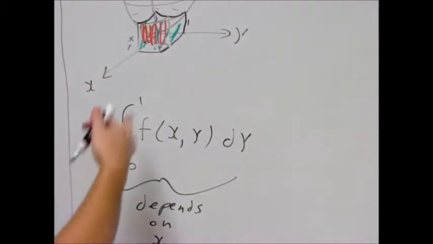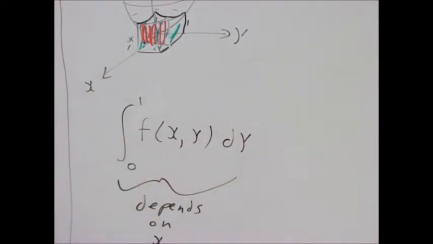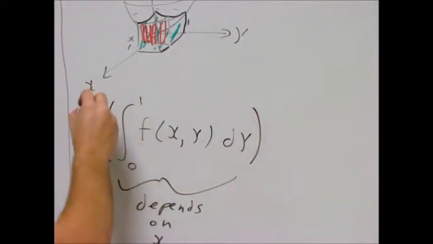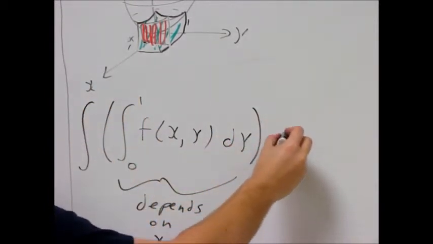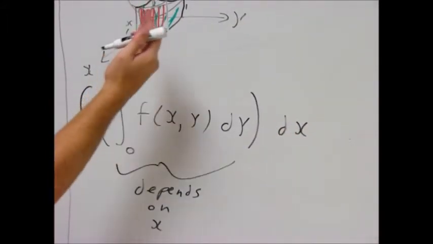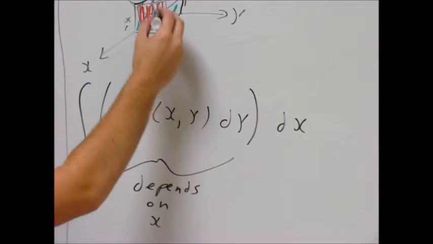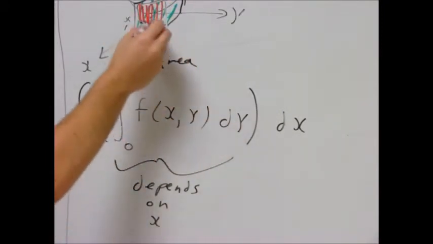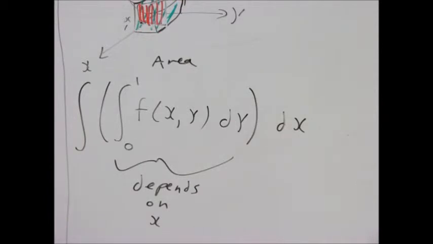So we can take this new function of x and integrate it again, this time with respect to x. So we're taking this slice value, the area of this slice, and integrating the area of x dx.